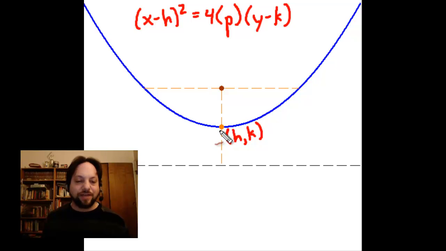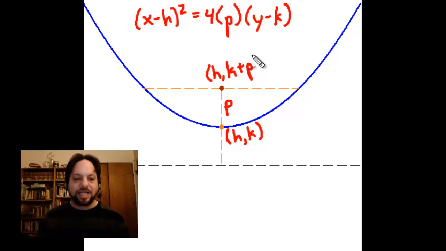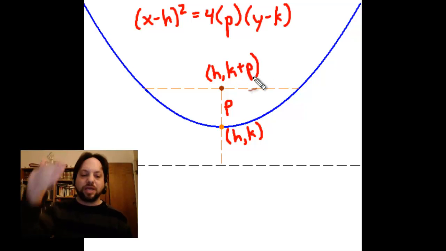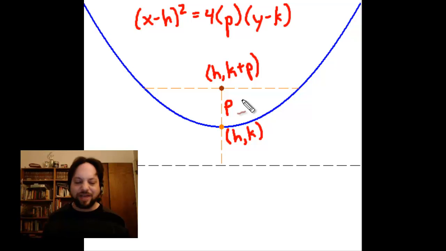Once you find that vertex, there's a couple ways you can go from here. If you go up the value of p, you'll get to what we call the focus. So the focus is going to be the point (h, k plus p). That p really doesn't have a name. We generally just call it the p value.